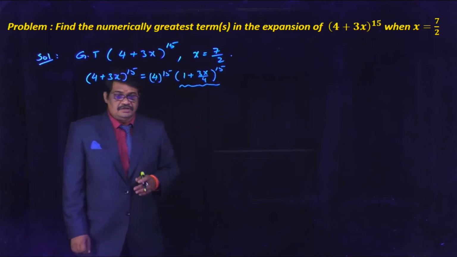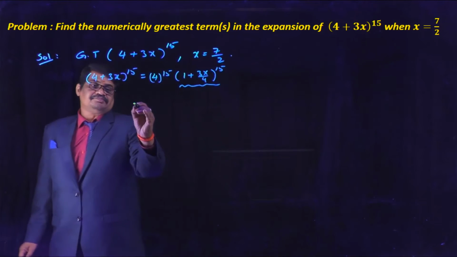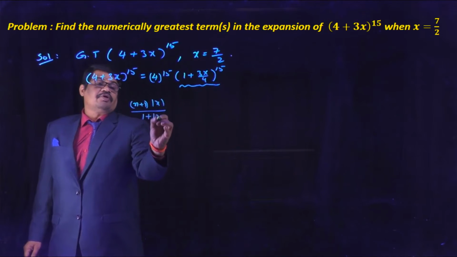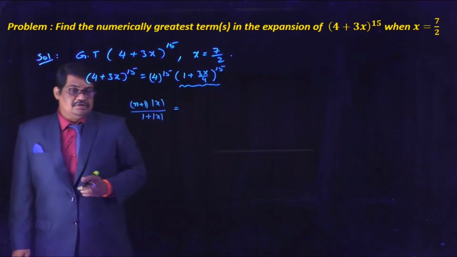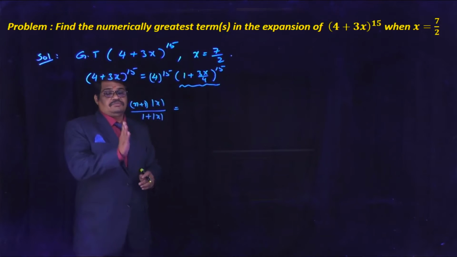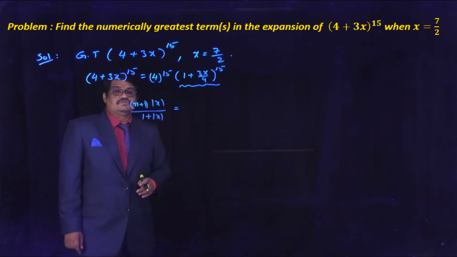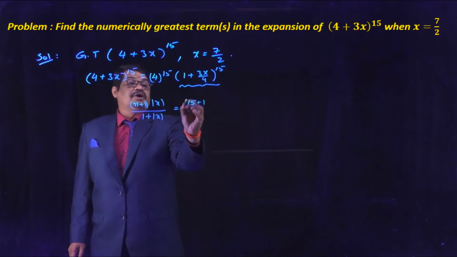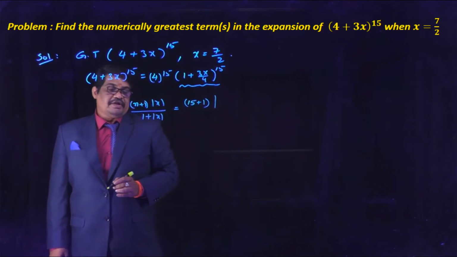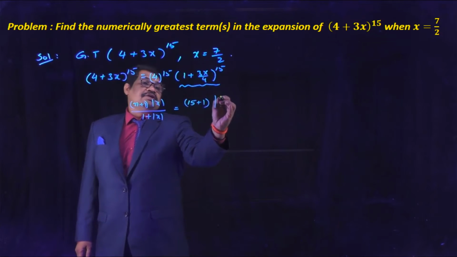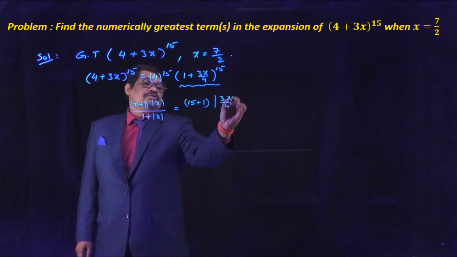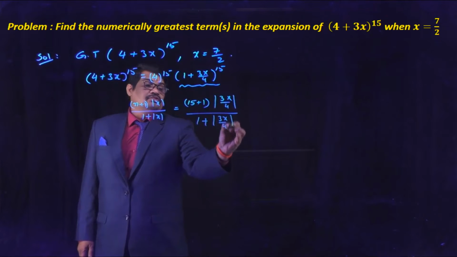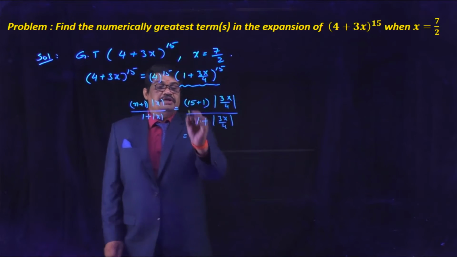First we have to find (n + 1)|x| / (1 + |x|). N is 15, so that is (15 + 1) into the modulus of 3x/4, divided by 1 plus the modulus of 3x/4.